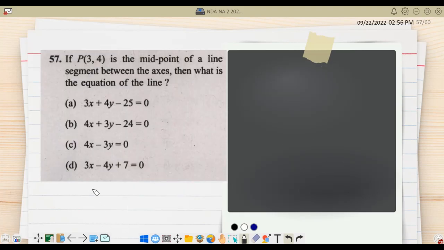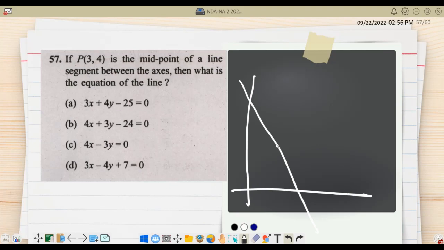We're going to go to the next question. If P is the midpoint of the line segment between the axis, what is the equation of the line? So there is a line and 3 comma 4 is the midpoint. This is a very simple problem because we're just going to double it.